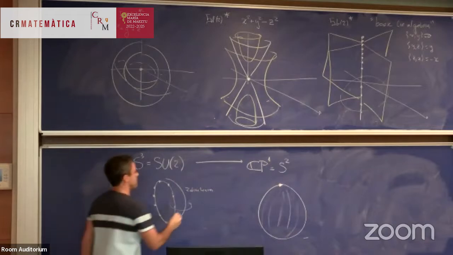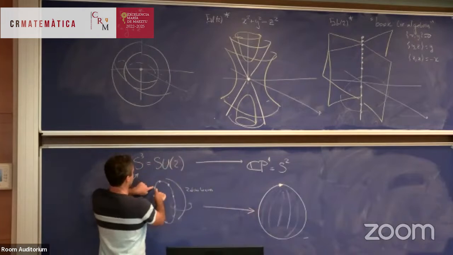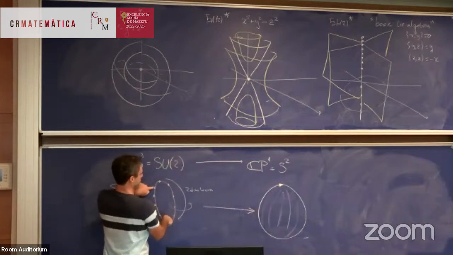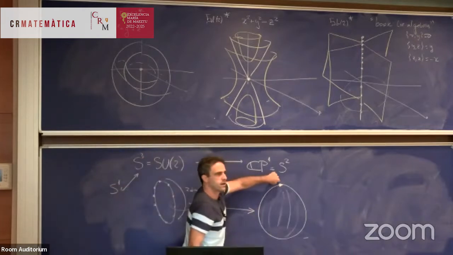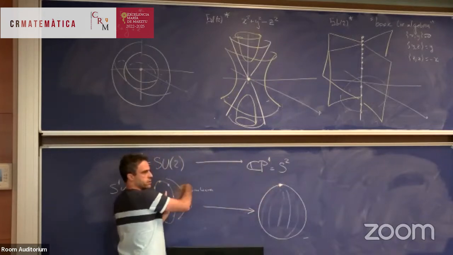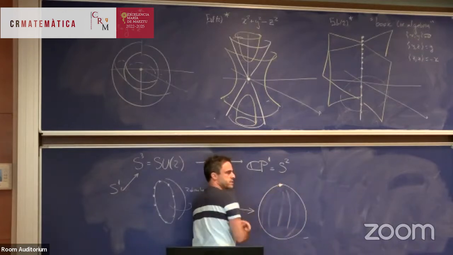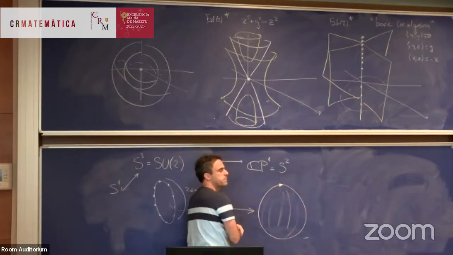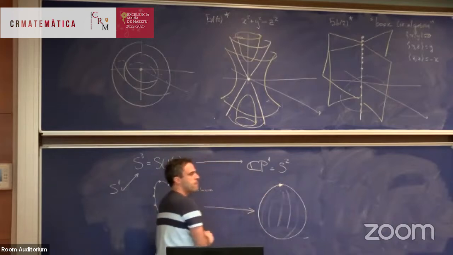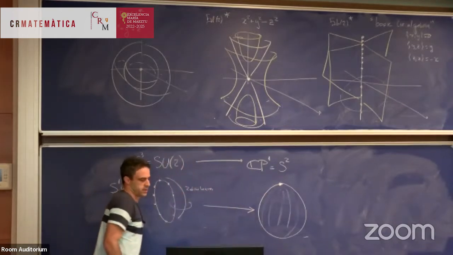Okay, and this map takes this circle worth of zero-dimensional leaves to this point, and each two-dimensional disk here, which is a symplectic leaf, to this disk over here in a symplectic way. Okay, just to give you an idea of what can happen in these examples.